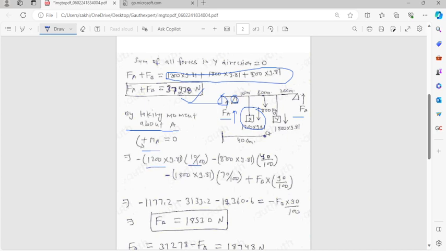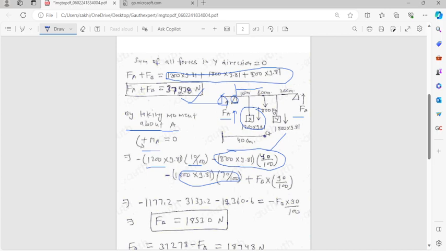So this is the moment due to x, this is the moment due to y, and this is the moment due to the beam. Because the 800 kg is the mass of the beam, the distance to the center of the beam is 40 centimeters, so 40 by 100 is meters.